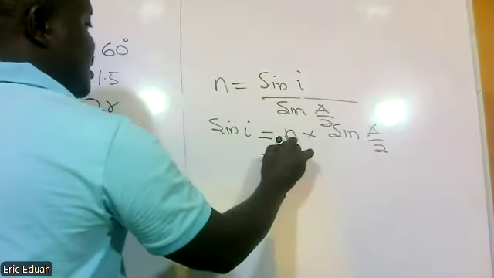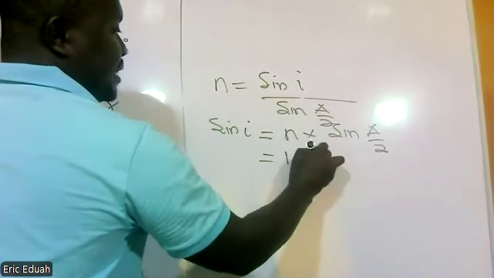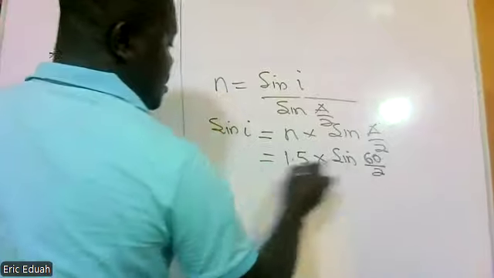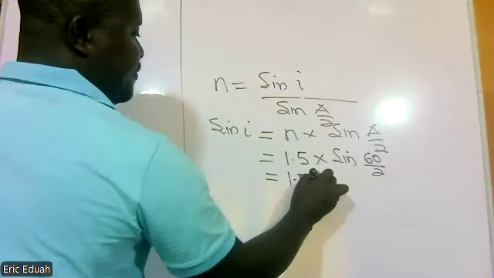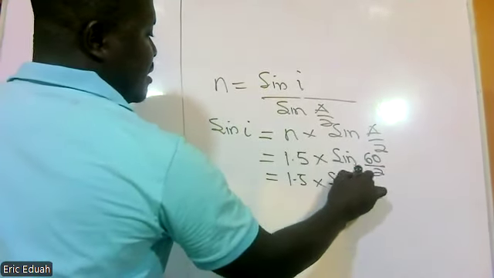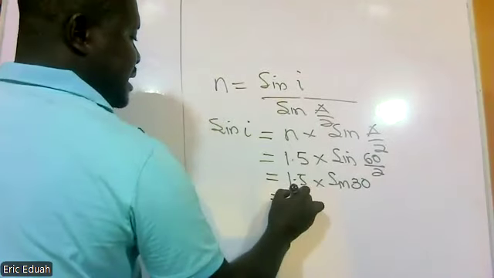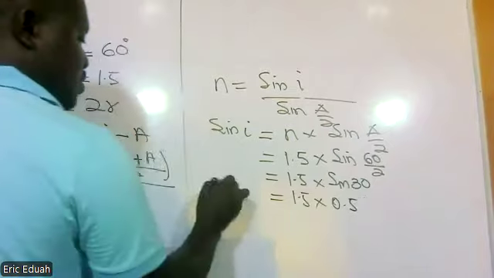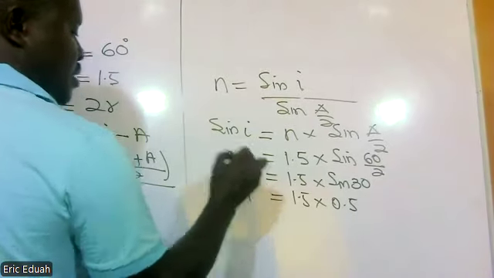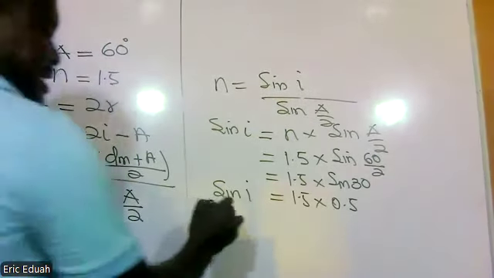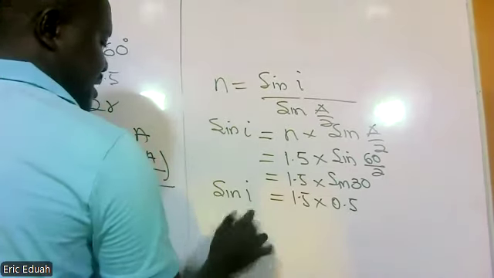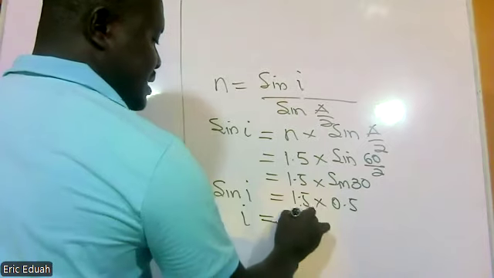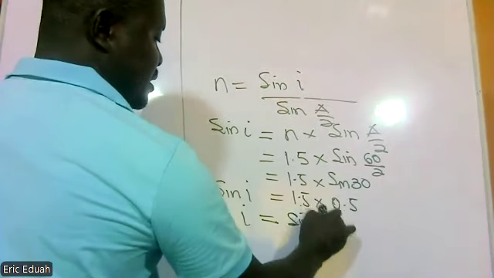This is 1.5 times sine of 60 on 2. So 1.5 times sine 30. Sine 30 is 0.5. So when I take the sine inverse of this, I have I to be equal to, what's the sine inverse of this product?